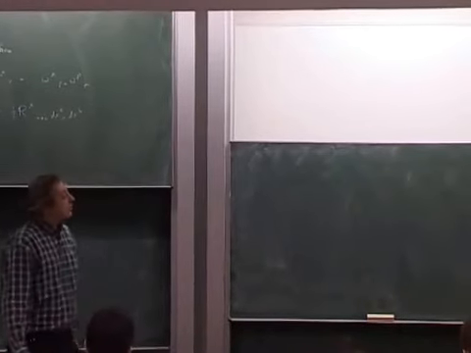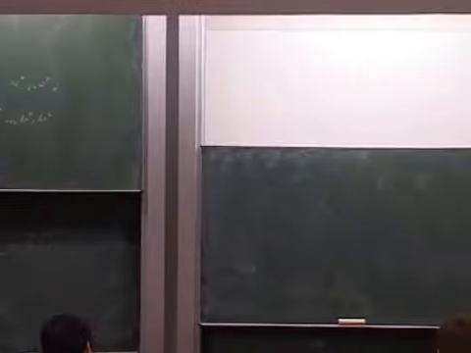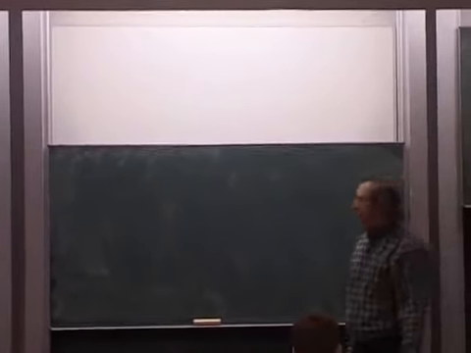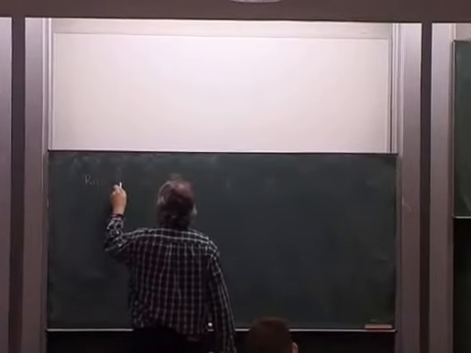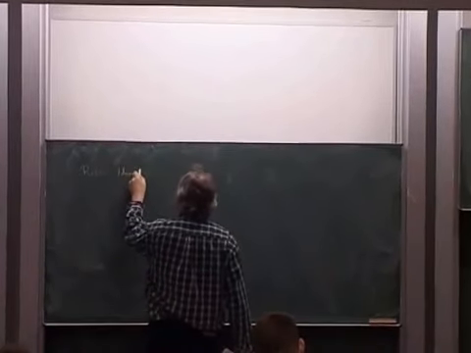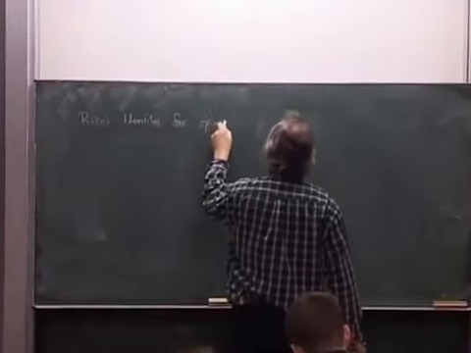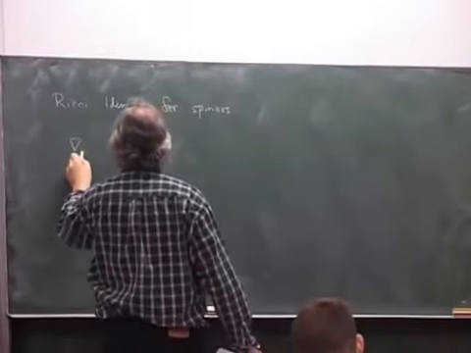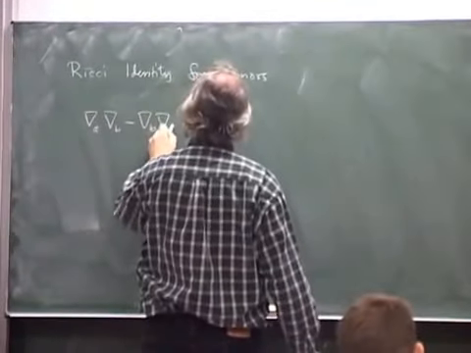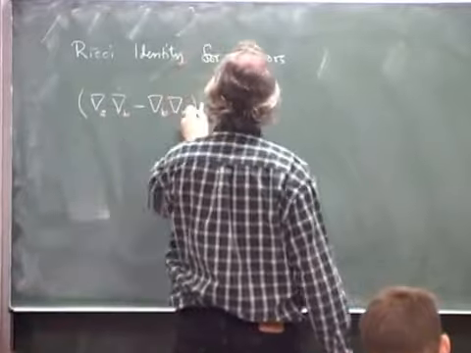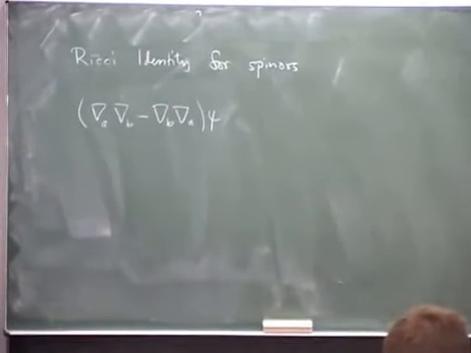Right. So, you can, of course, now ask yourself, what is the analogue of the Ricci identity for spinors? That is to say, calculate ∇_A ∇_B minus ∇_B ∇_A acting on ψ. You can sort of see right away what it's got to be.